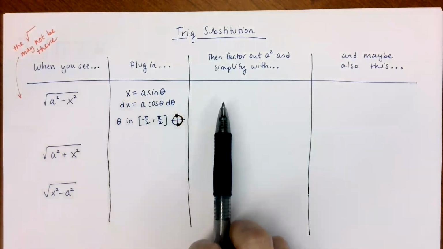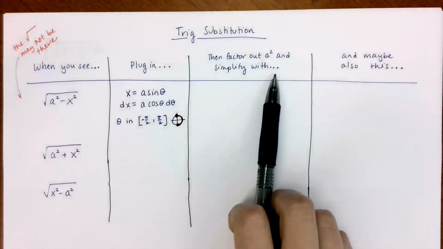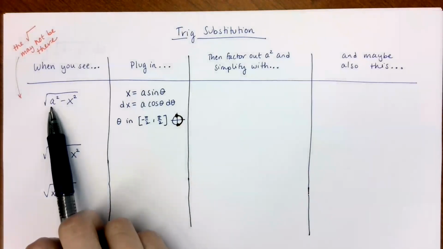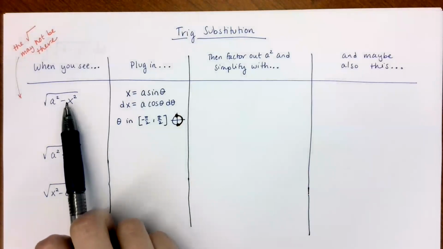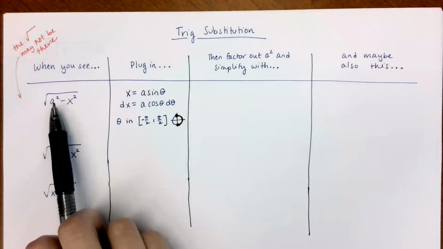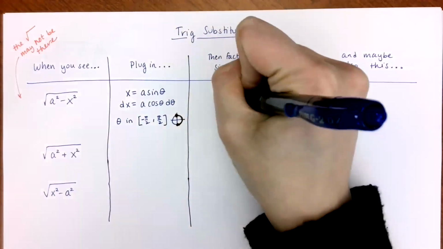Okay, and then the next category here is factor out the a squared and then simplify with. So when you put a sine theta in for x here, you get a squared minus a squared sine squared. And then a squared is in both terms, so you can pull it out. And what you're left with is 1 minus sine squared.